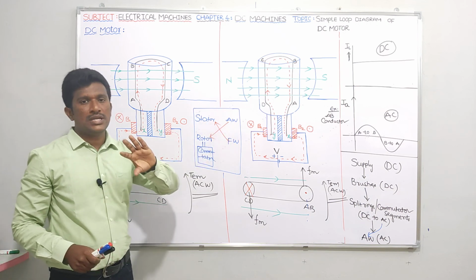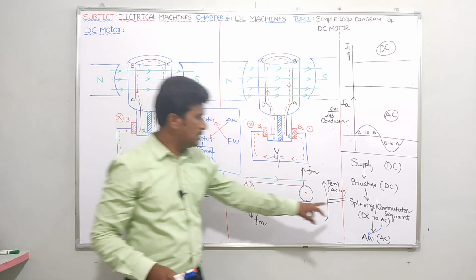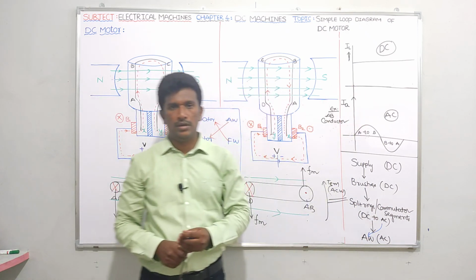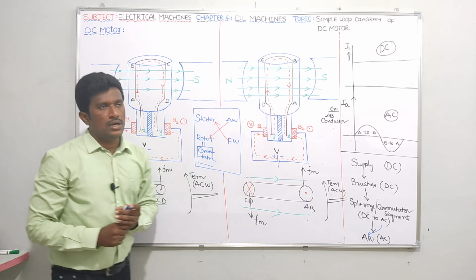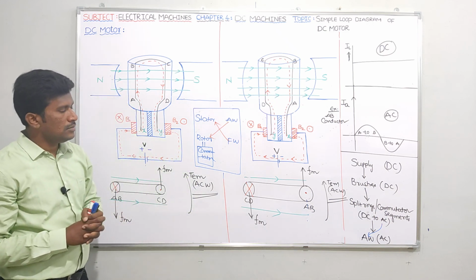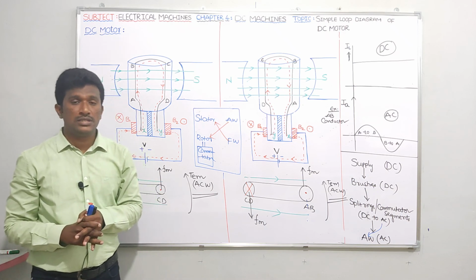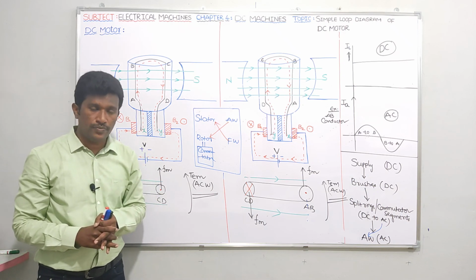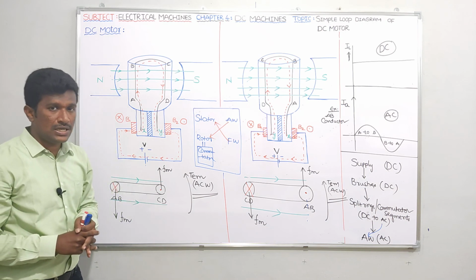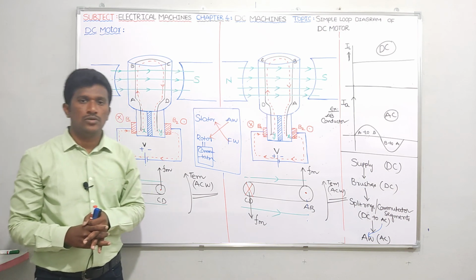Otherwise, commutation will fail, meaning DC to AC conversion will not happen. Please note that point. In a DC motor, see guys, this statement is applicable for a DC motor as well as for a DC generator. If you want, you can use one generalized statement for a DC machine, no problem.